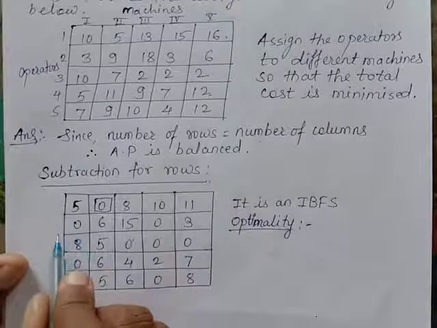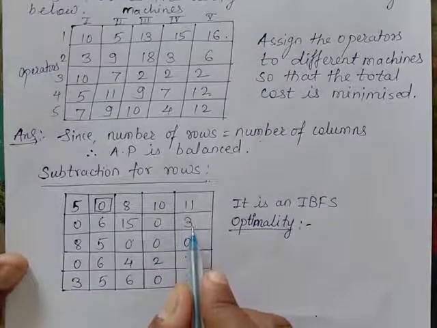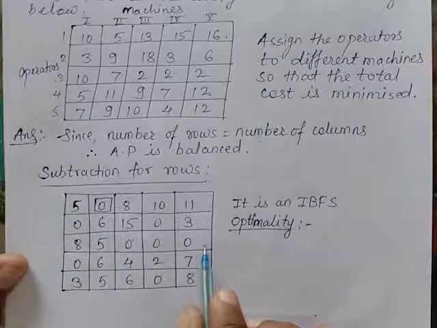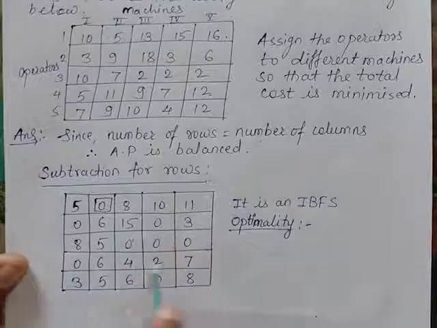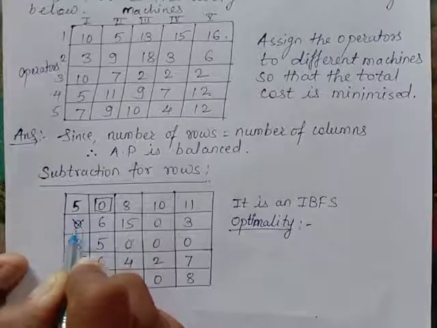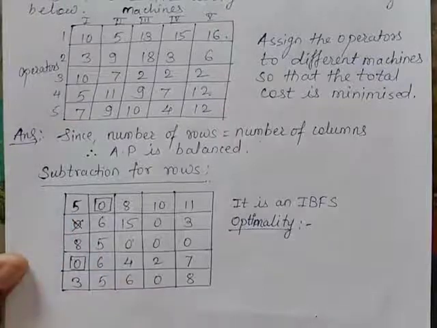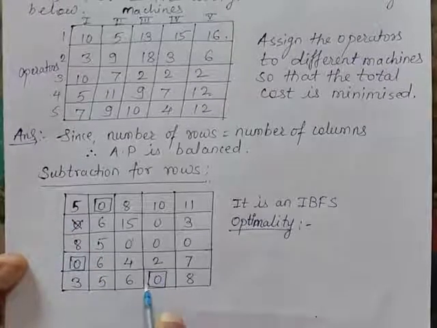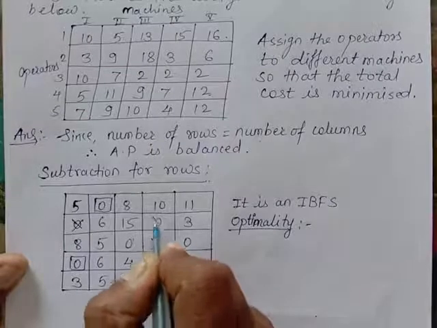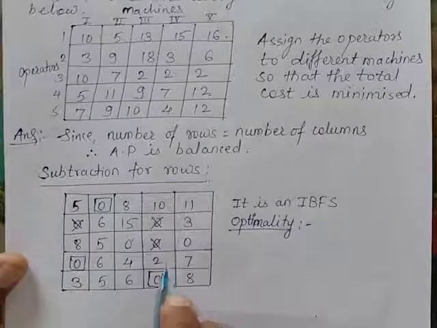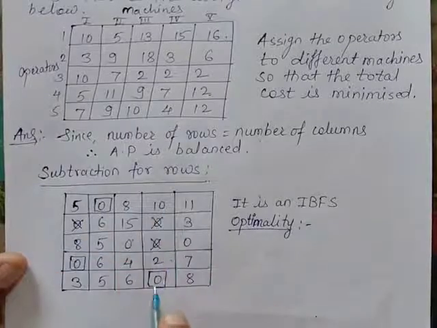Now the second row have 2 zeros, so don't do the assignment there. Third row have 3 zeros, so don't do the assignment there. Fourth row have a single 0, so let me do an assignment here and I will cross the corresponding column 0. Fine. Now fifth row have a single 0, so I will do that assignment and I will cross these corresponding column zeros.